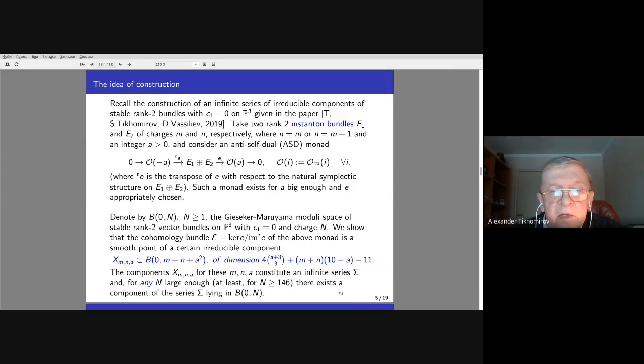So this was a new infinite series of moduli components after the known series produced by instanton components and by the series of Ein components constructed by Lorentz Ein. Okay.